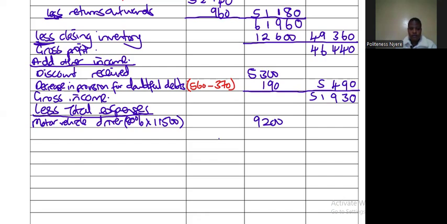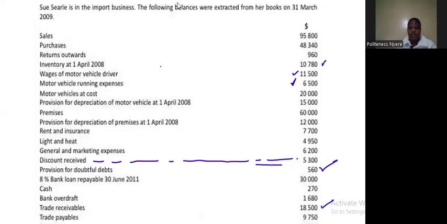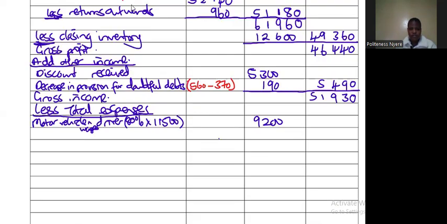Then, motor vehicle driver, it's supposed to be wages. No? So wages. Okay. Then the next expense that we have is the motor vehicle running expenses. So motor vehicle running expenses.